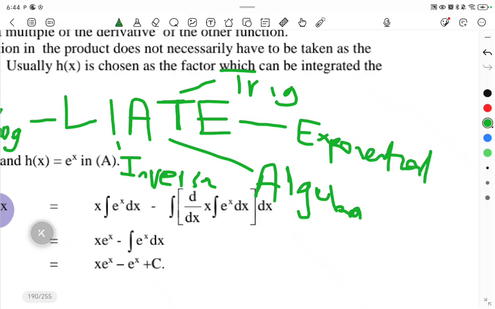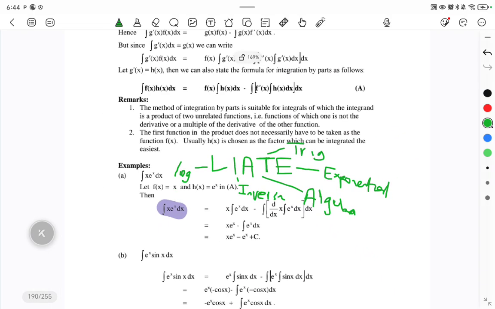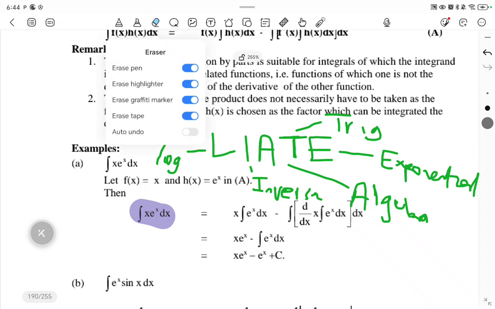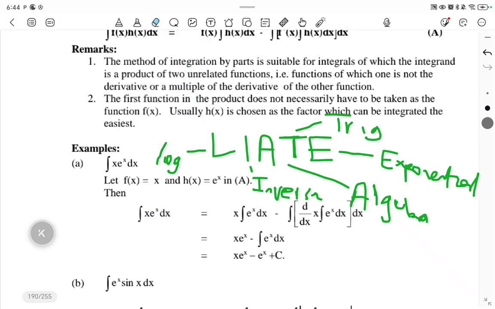You see, right? Then the one that comes first, we're going to let it be u. The one that comes first, we let it be u.